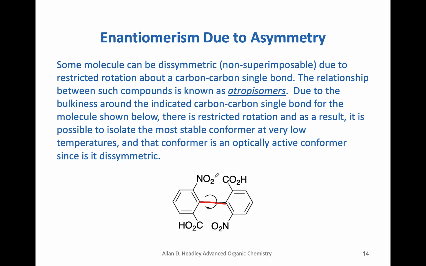If you imagine this being in the plane of the paper or flat on the screen, if this rotates to give it an orthogonal or 90-degree angle, this would be sticking up and behind the plane of the screen. That is called an atropisomer.